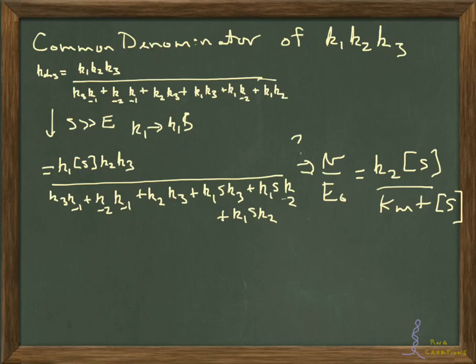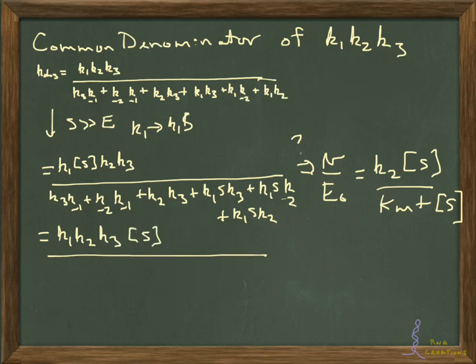I don't know whether you guys want to see that or not, but basically you can factor out S in the denominator and then divide through by that constant, and that will allow you to get a true Km out of it. I'll just show you real quick. So you take S and you factor out K1, K2, K3 times S, and then you can see here there's never any coefficient multiplying S, and so you can't have one in this either.